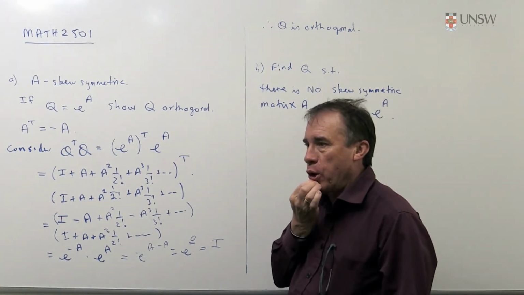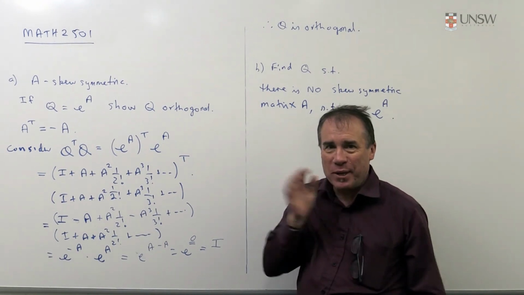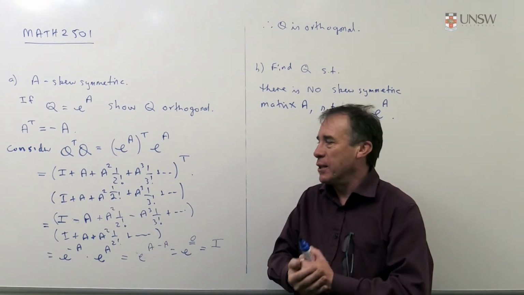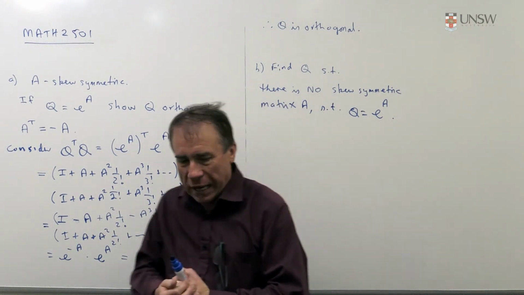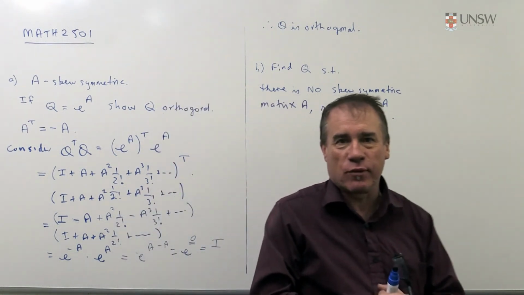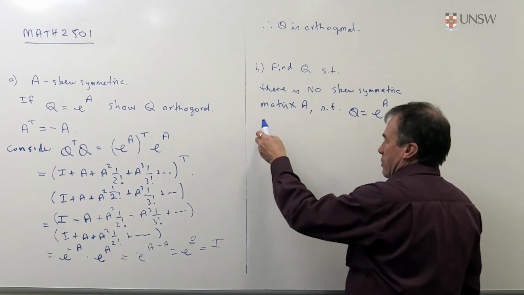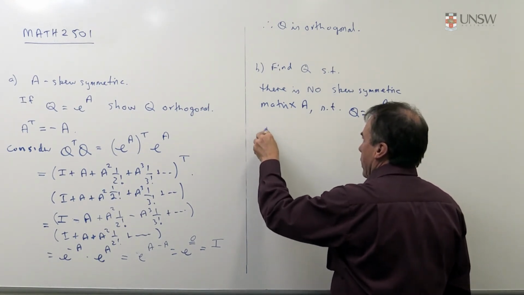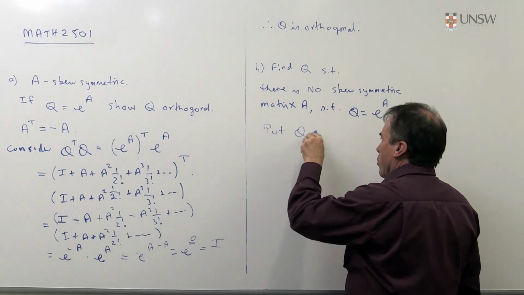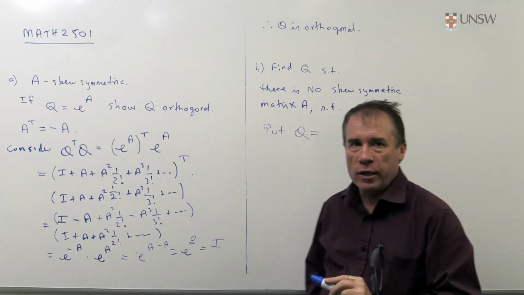So I want to cook up a Q that hasn't got a logarithm in some sense. And so you think, well, what numbers can't I take logs of? And the answer is, of course, negatives. So why not put, as an attempt, I'm going to show it works, but why don't we try putting Q to be the analogue of minus 1?